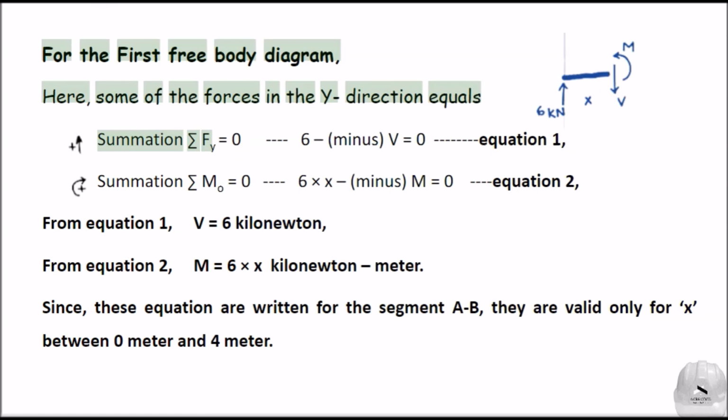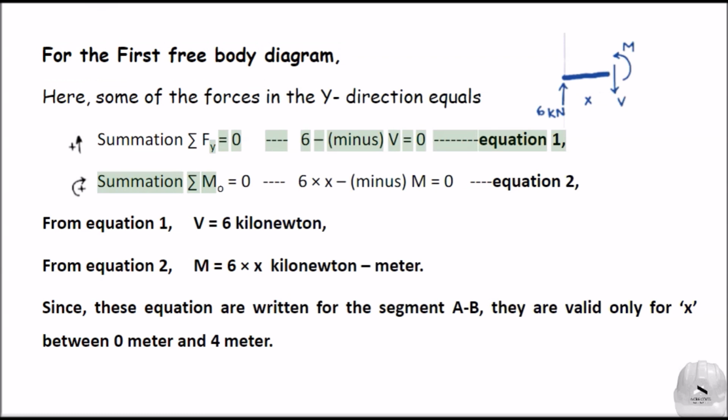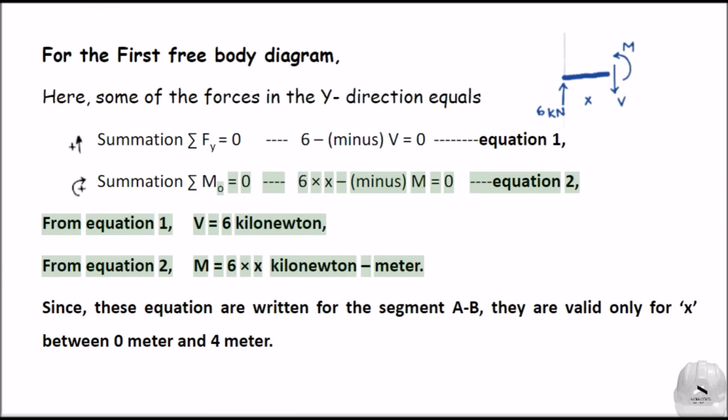For the first free body diagram, the sum of the forces in the y direction, summation F Y equals 0: 6 minus V equals 0, equation 1. Summation M O equals 0: 6 times x minus M equals 0, equation 2.